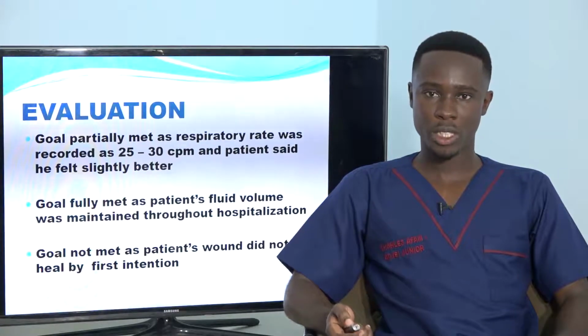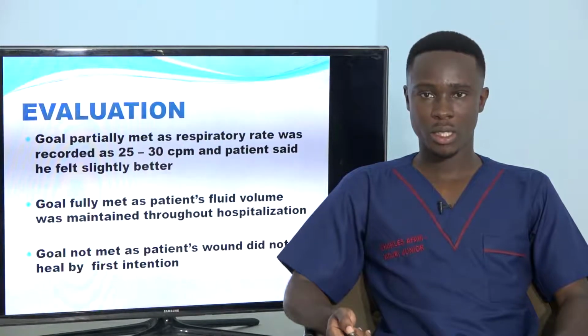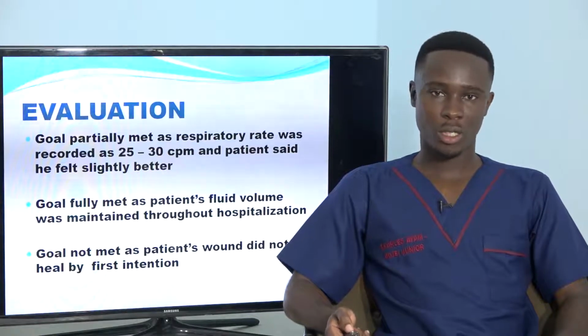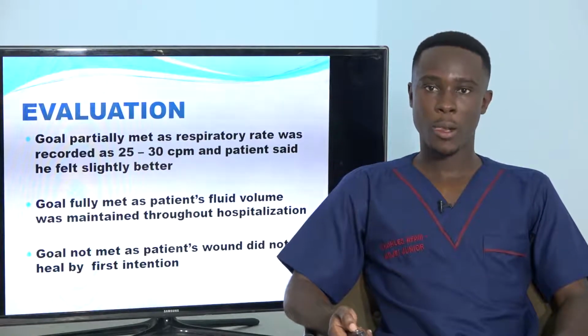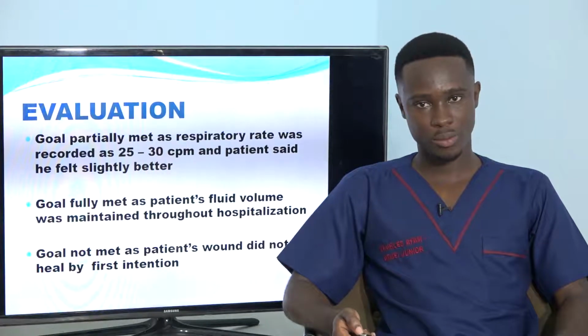So goal partially met as respiratory rate was recorded as 25 to 30 cycles per minute, and patient said he felt slightly better. In the objective and outcome criteria, we said previously that patient's respiratory rate would be between 16 to 24 cycles per minute.